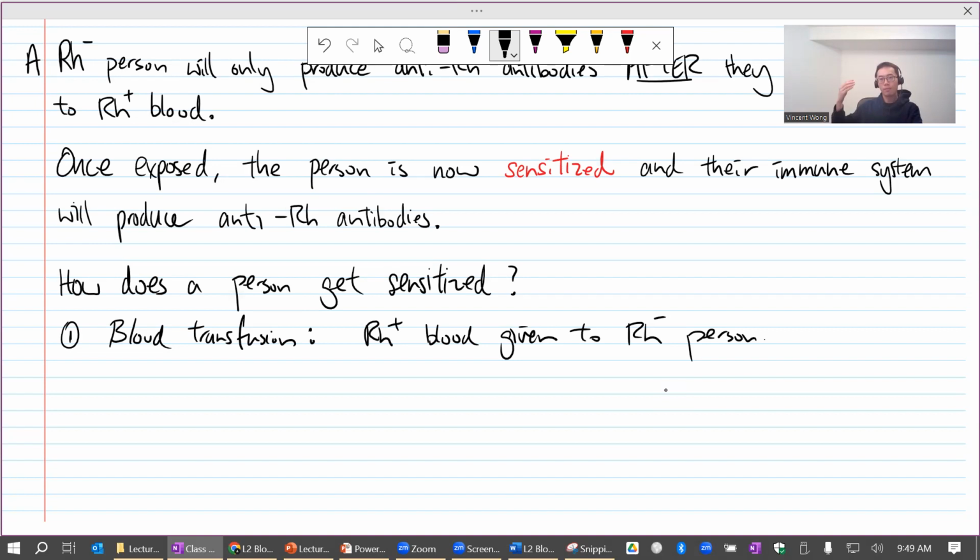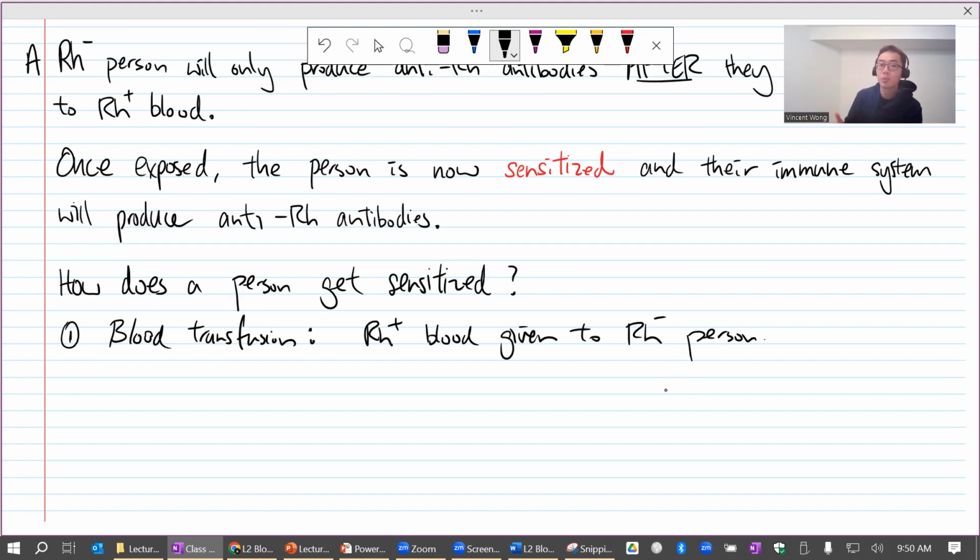We know from medical history, for example, or from testing, that the person had not been previously sensitized, then it's okay to give them positive blood one time, right? Let me say that one more time. If a negative person had not been sensitized previously, then it's okay to give them positive blood one time.